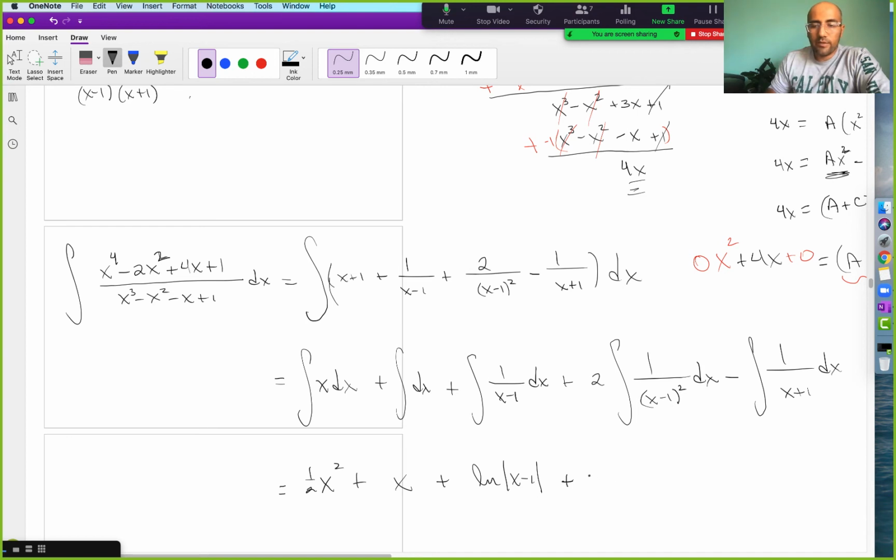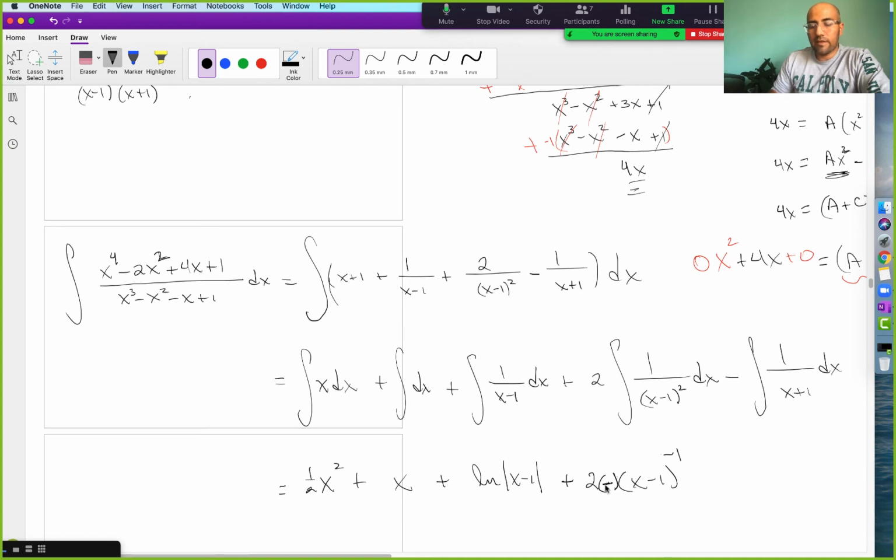This is going to be, let's bring down the 2. If we think of this as x minus 1 to the power of -2, right, bring it up to the numerator, then this is going to be equal to x minus 1 to the power of -1, and then there's an extra minus that happens here, so we have to throw in an extra minus.